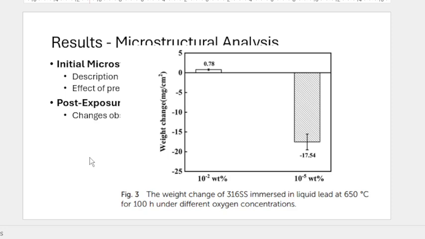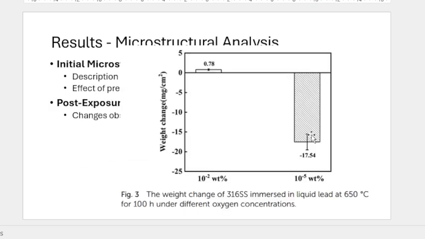for 1,100 hours under different oxygen concentration. As we can see, the weight change is different. At 10 to minus 2, what we can observe is an increase of the weight, while at 10 to minus 5, a decrease of the weight.